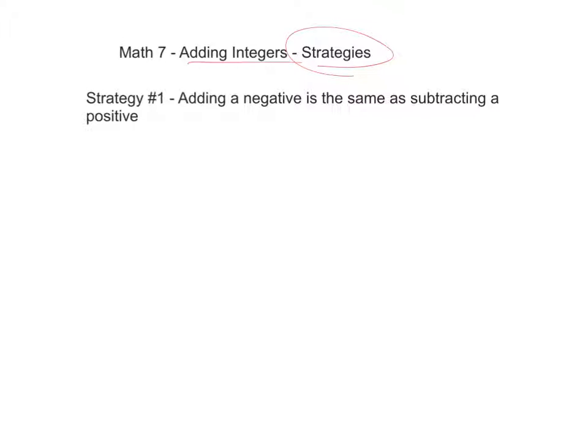So the first one is we want to add a negative number. Our example would be 5 plus a negative 3. If you remember, you can change adding a negative into subtracting a positive, because adding a negative is the same as subtracting a positive. So in this case, we got 5 plus a negative 3.